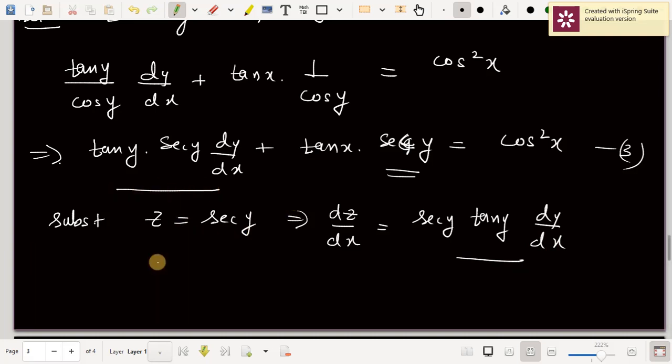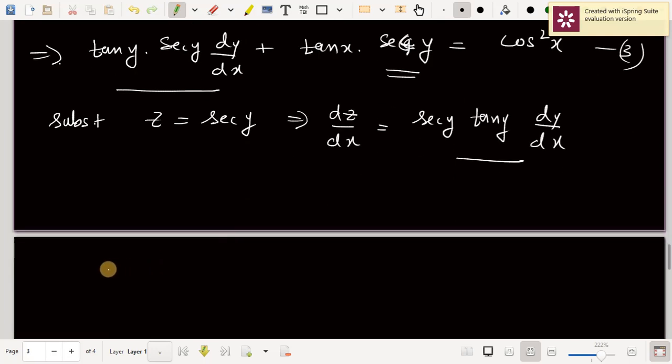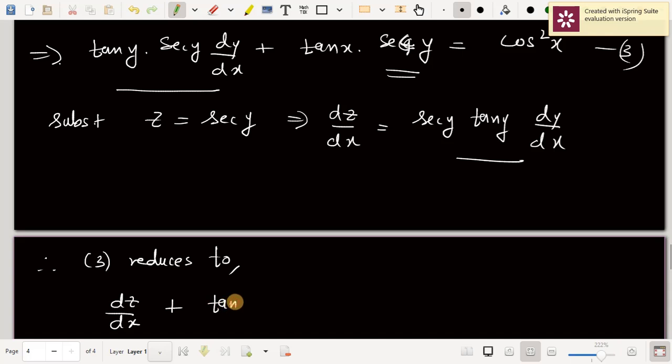So thus I'll rewrite over here. Therefore equation 3 reduces to a linear equation dz by dx plus tan of x into z is equal to cos square x. This is a linear equation of first order in terms of z.